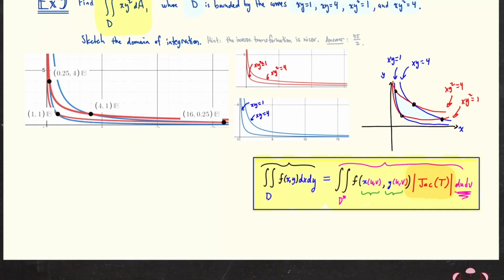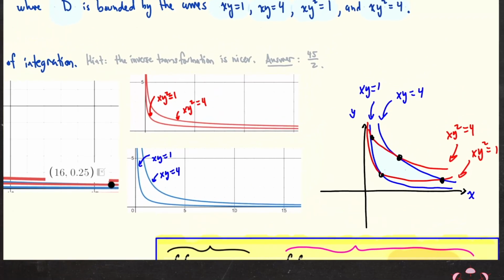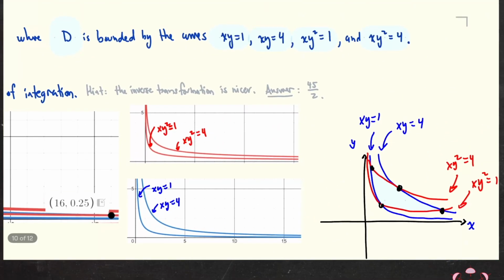All right, well, we've got our change of variables here. Now we need to think, what can we choose for our brand new variables? They don't tell them to us. So what are u comma v?